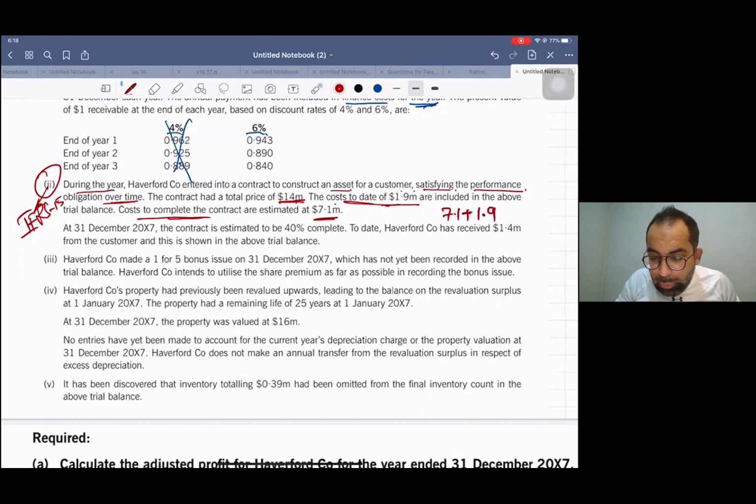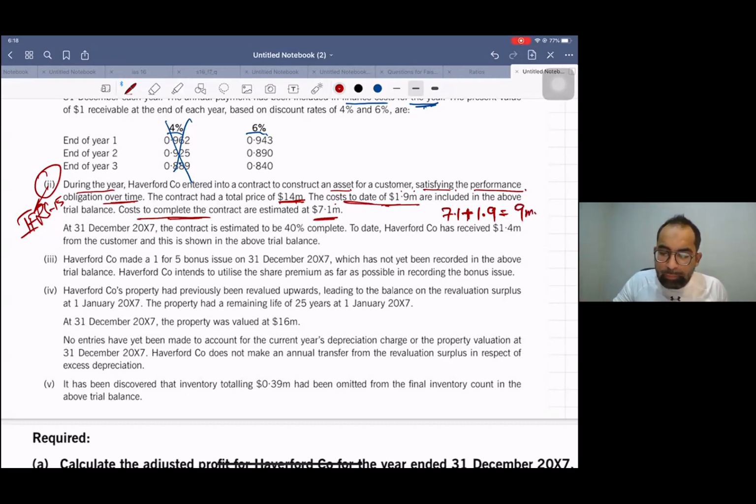If I ask you to calculate total estimated cost, I taught you today that total estimated cost equals cost incurred to date plus cost to complete, so it becomes 9 million.